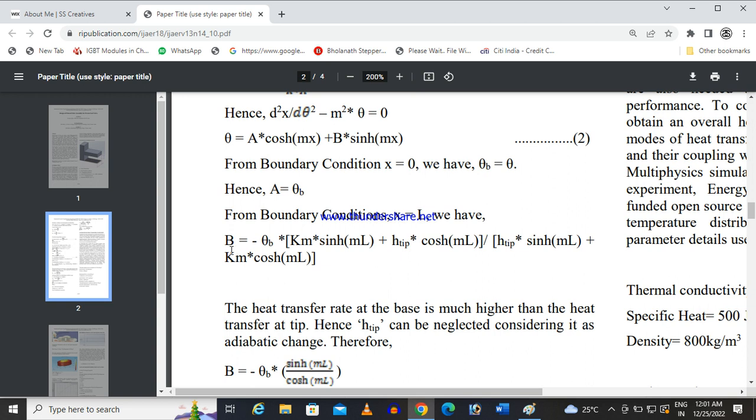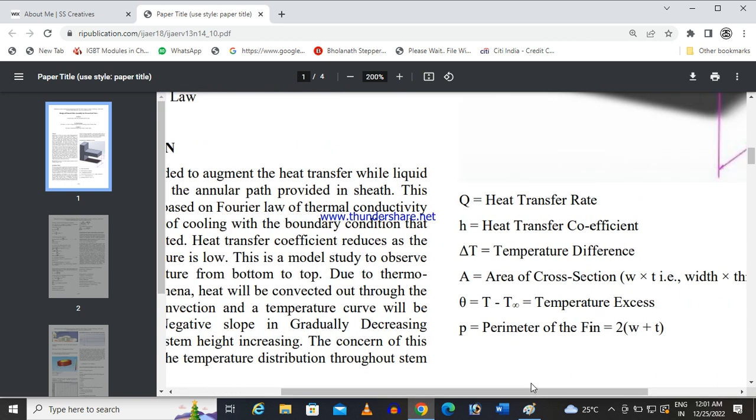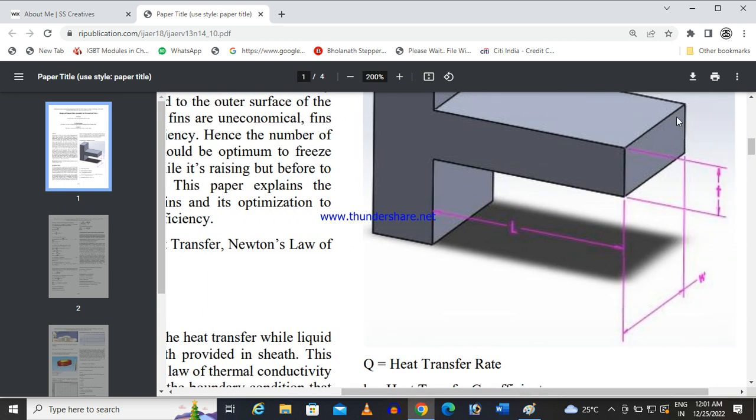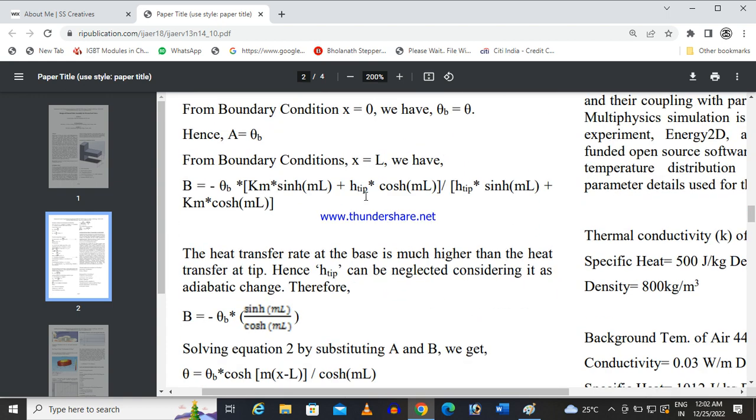Then your B will equate as this. But here we are considering that the heat transfer at the tip is neglected. Normally for any type of fin, the tip of the fin is considered insulated. It is called a fin with insulated tip. So our h tip is neglected, can be equated to 0, and your B becomes like this.